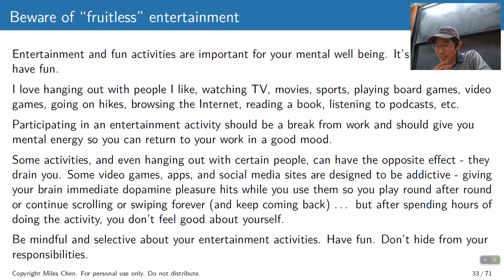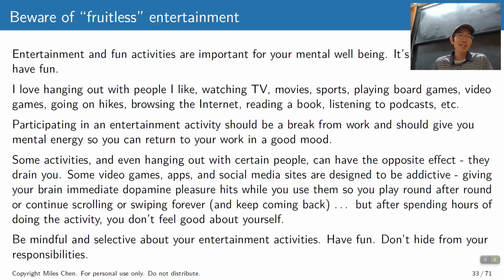And then this last slide on all of this, again, life philosophy stuff. Just be aware of, there's kind of this category of time suck that I call fruitless entertainment, okay? Having fun and play is, I think, super important for our mental well-being. We need to have a break from work and give our brain some time to just have fun.